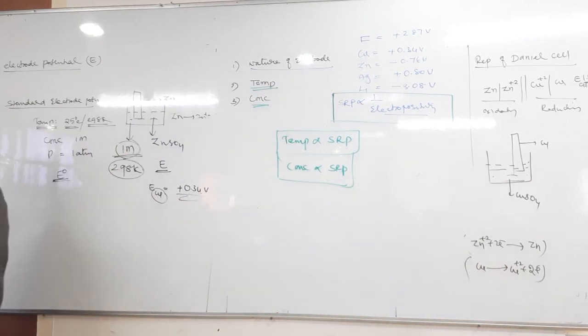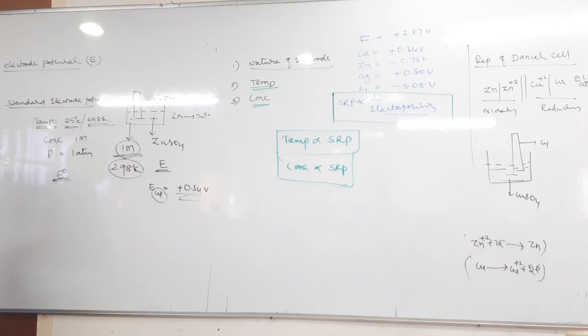Electrode potential: the potential difference is developed at electrode when an electrode is in equilibrium with a solution of its own ion, called electrode potential.